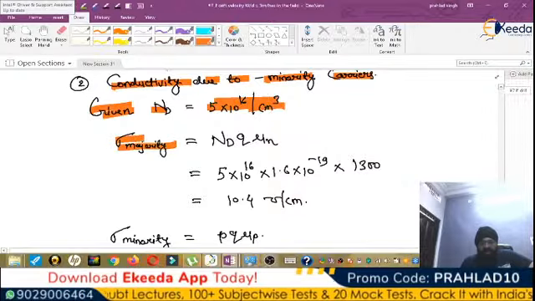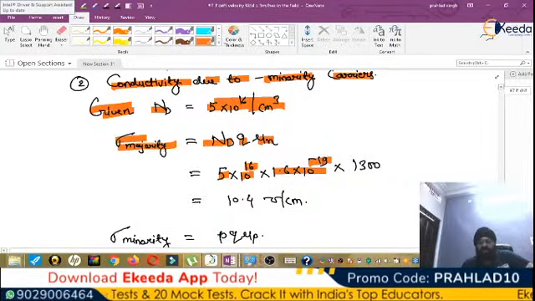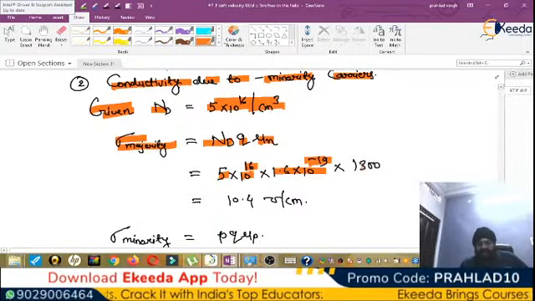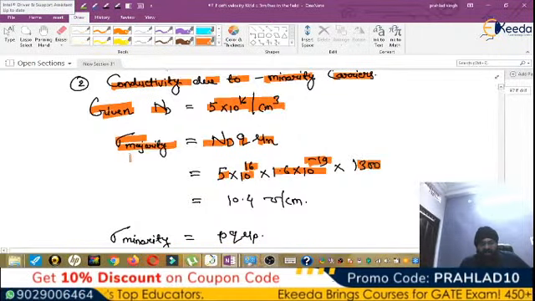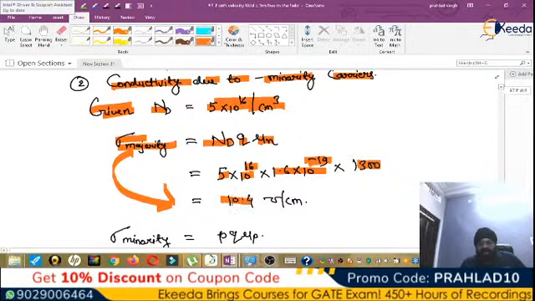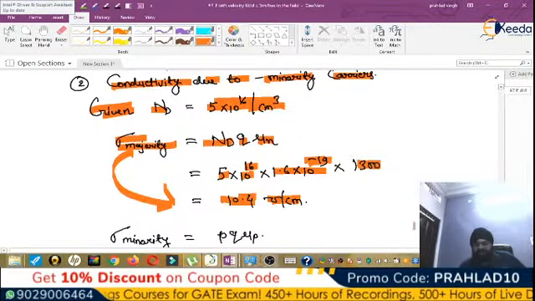So the conductivity due to majority charge carriers is Nd q mu n. Nd is 5 into 10 raised to power 16, q is the charge, 1.6 into 10 raised to power minus 19, and the mobility is 1300, right? So we'll calculate the conductivity of majority charge carriers, which is 10.4 mho per centimeter.